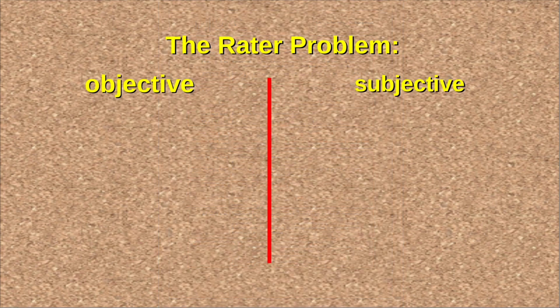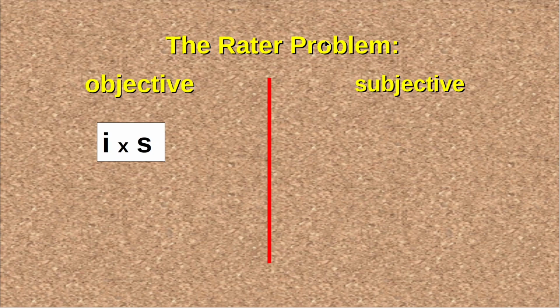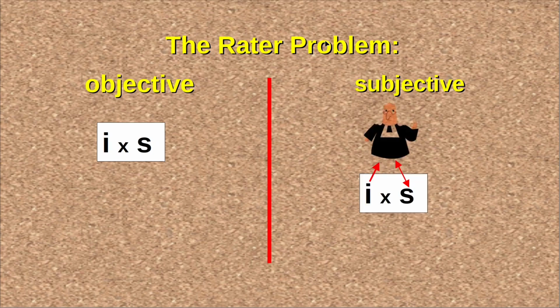In objective tests, the score is determined entirely and sometimes automatically by the subject's response to the item. Identical responses will always result in identical scores. In subjective tests, the score is additionally influenced by the rater and his interactions with the other facets.